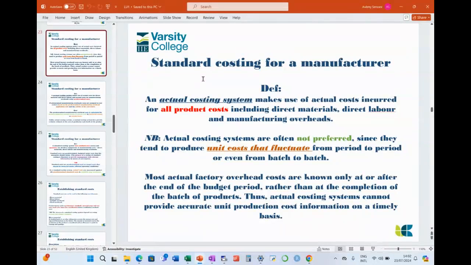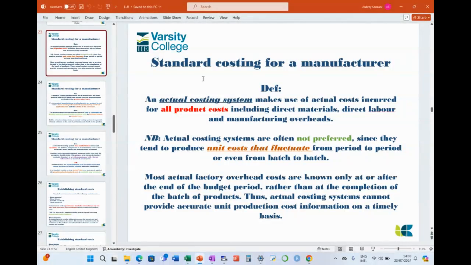Actual costing systems are often not preferred, because the unit prices fluctuate from period to period, or even from batch to batch. So then you've got fluctuations in your costing.